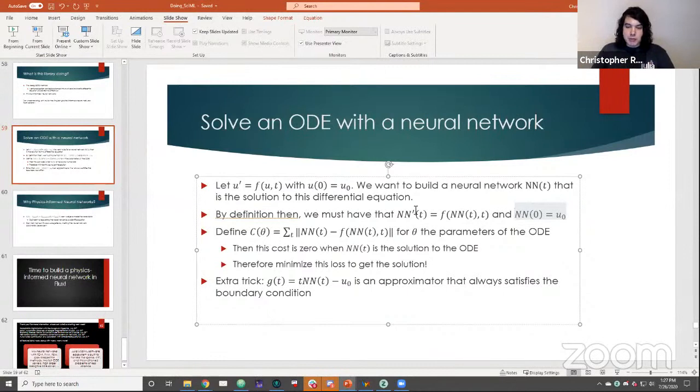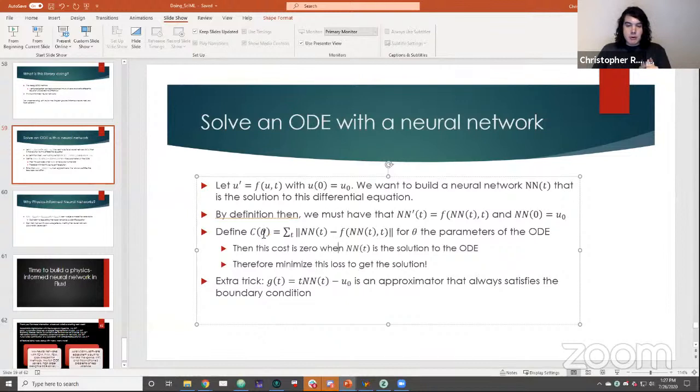We say, this is what we want to be true. We want this equality and we want this equality. So what we do is we define a cost function, which is a sum over a bunch of different time points. And at that time point, evaluate the neural network at t and subtract off the function f applied with the neural network at t. Now, if the neural network is truly the solution to the differential equation, this is 0.